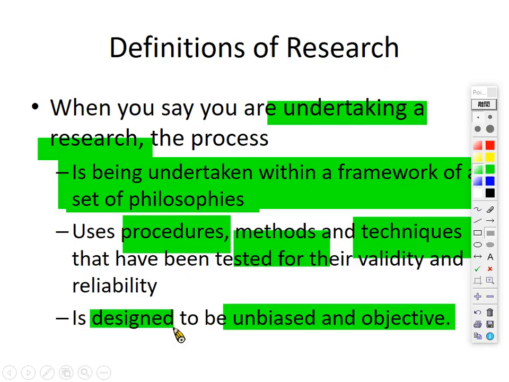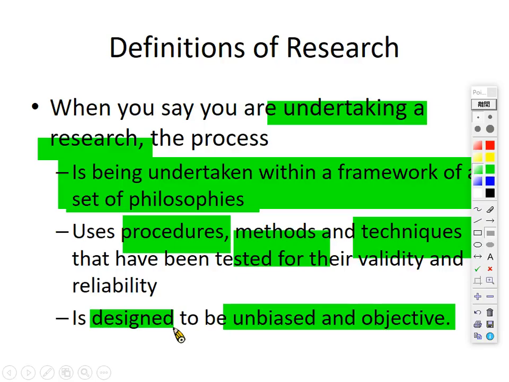Why? Because we are human beings. For example, when you try to explain the findings of the research, we will use our ideology to give them meaning, right? So everything we say comes out from our value system.